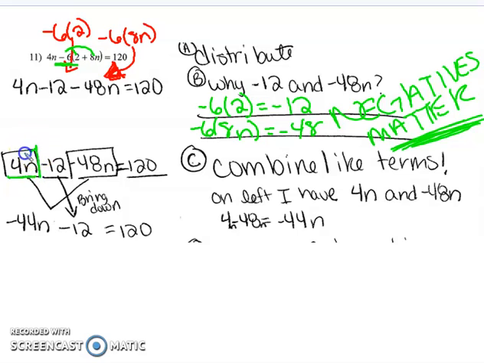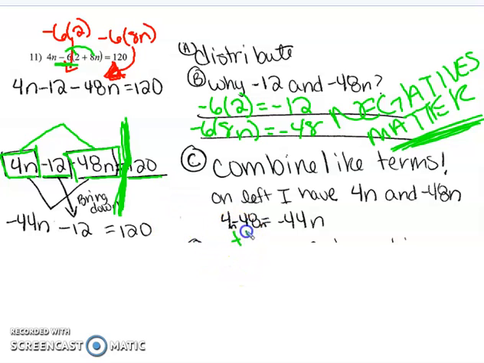You guys know I box my variables. I underline my constants. Box, box. So my like terms. On the left, over here I have a 4 and a minus 48. We do not change this to a plus 48. You did not cross the equals. Unless you cross the equals, you do not change and do the opposite. This line is where the opposite happens.